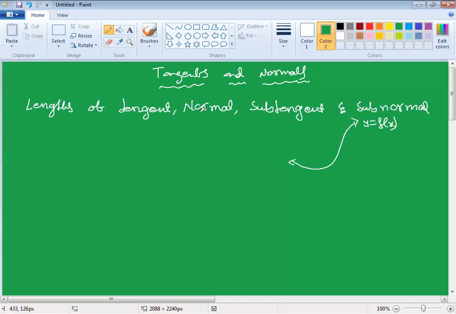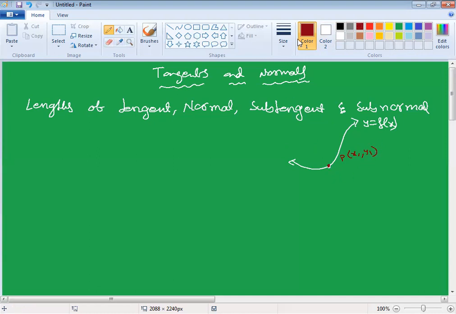We can draw tangent and normal at the same point. That's why I'm taking one point on the curve. Let P be any point on the curve, P(x1, y1).